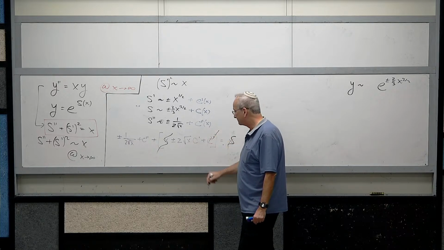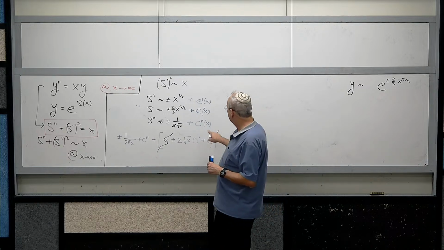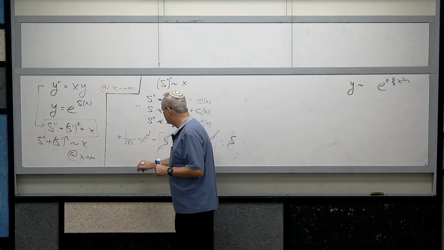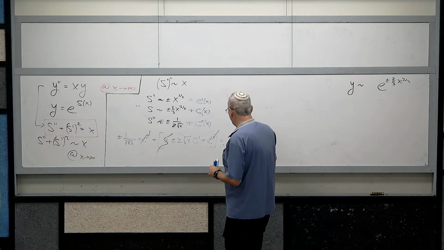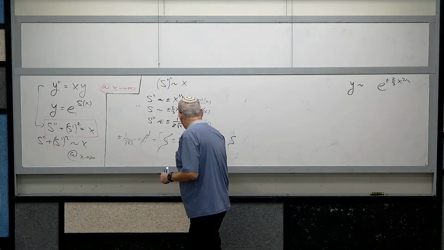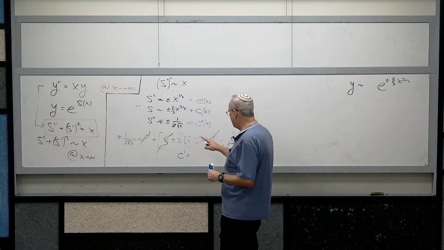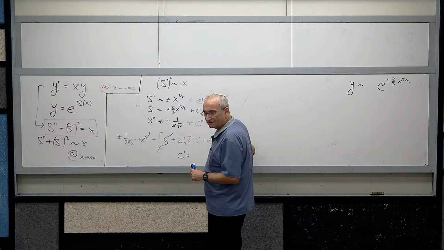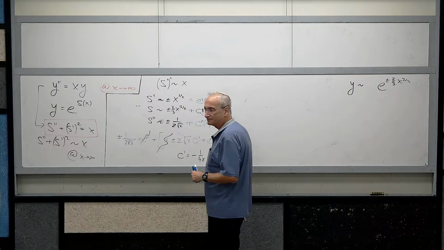So I can neglect this as x goes to infinity. Okay? And c double prime is negligible with respect to this. Okay? So I can neglect this as x goes to infinity. So what remains is an equation for c prime. And the equation is c prime is equal to, no, because it goes to the other side, right? So minus 1/4 x.